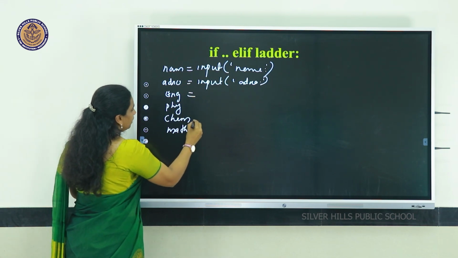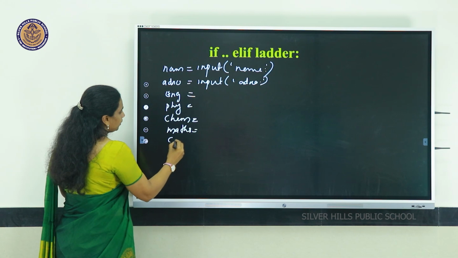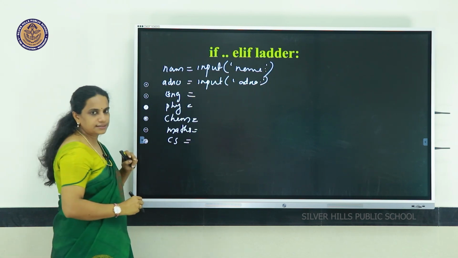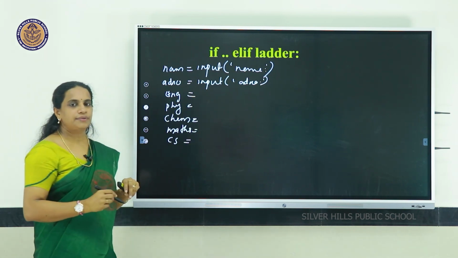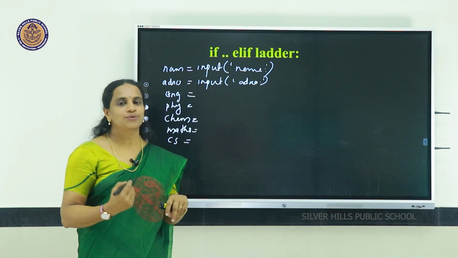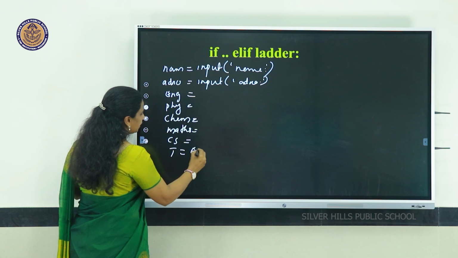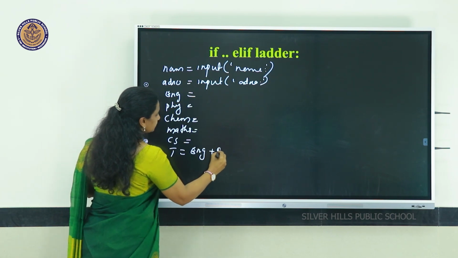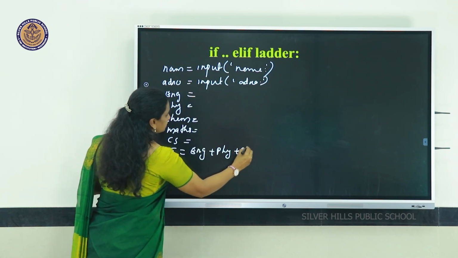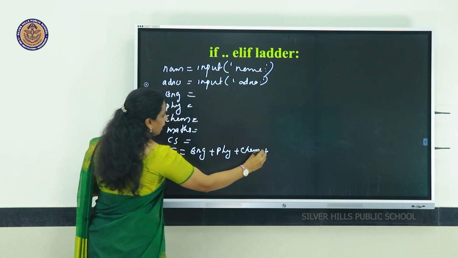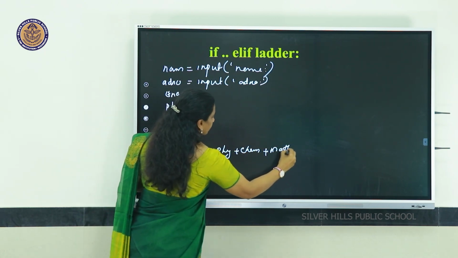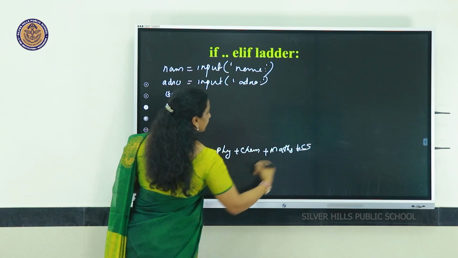Okay, you can ask the mark of maths. Then you can ask the marks of computer science. Now, what is the next step that we have to do? We have to calculate the total mark. Then total mark is equal to English plus physics plus chemistry, then maths, then computer science.